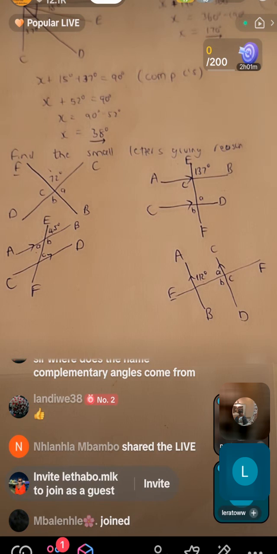Just forgive me there. I shared a screenshot. That's why the page looks the way it does. Just trying to also give myself a break from holding the phone.